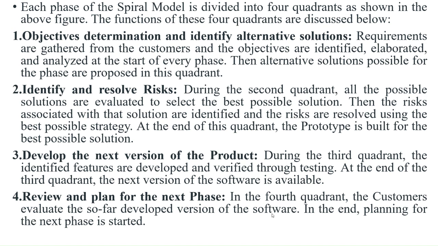Next, the third function is develop the next version of the product. It means if we have designed one product, for example, Microsoft recently introduced ChatGPT 3.5. If the version is successful, they will launch another version.